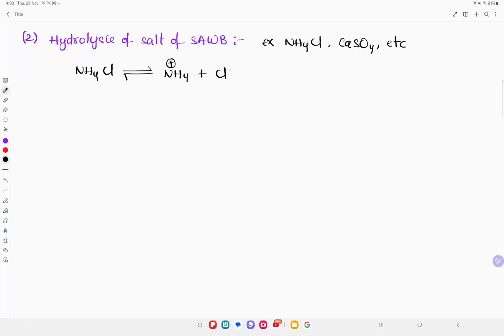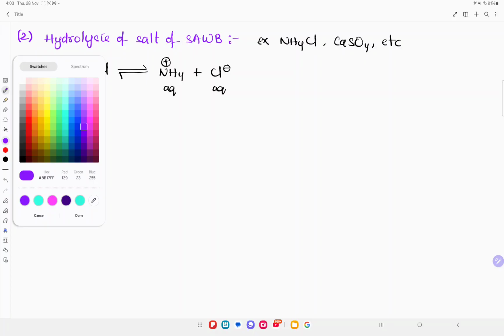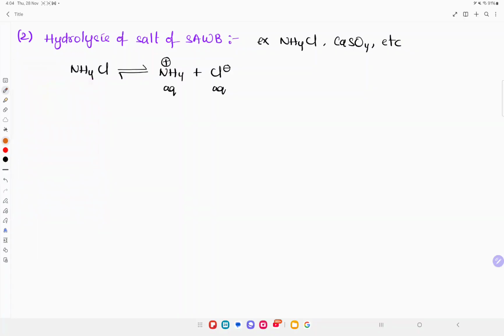and Cl minus ion. Here ammonium ion is the cation of a weak base, that means more reactive.